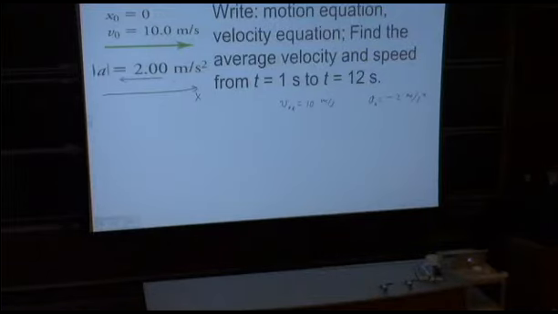These two vertical bars represent the magnitude. So the magnitude of this acceleration is 2 meters per second squared. Magnitude is never negative. But the actual acceleration, well, the component of the acceleration is negative.